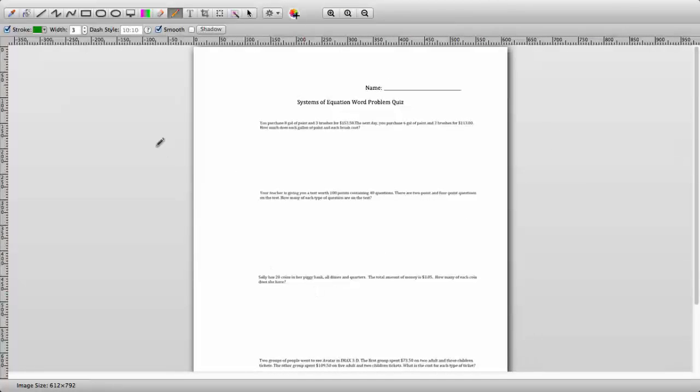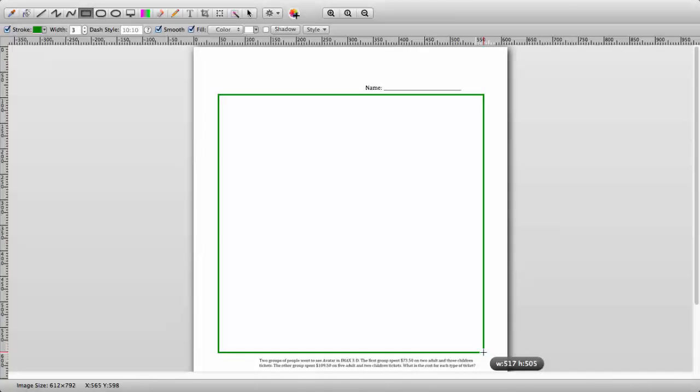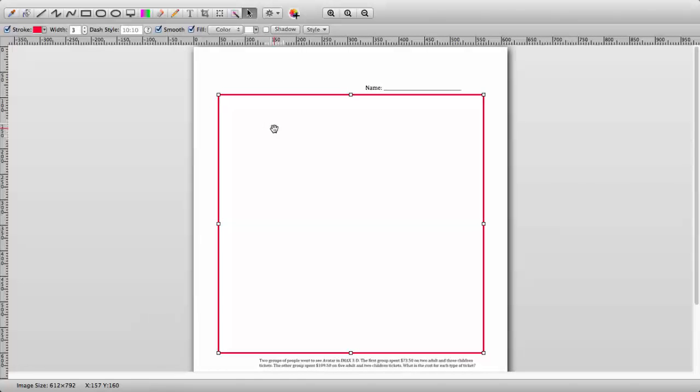Okay, lastly, problem number 4. It says, what is the cost of each type of ticket? So we're looking for the cost of each type of ticket. We're talking about adult tickets and children's tickets. So that's what we're going to define our variables as.